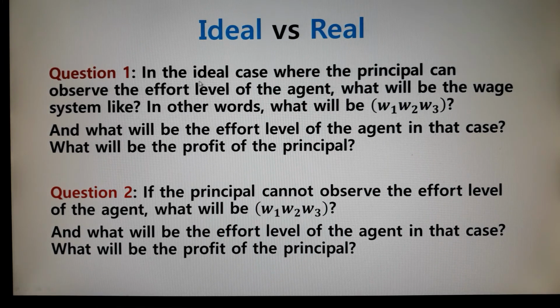But here, the ideal case is where the principal can observe the effort level of the agent. Then what would the principal set for X1, W1, W2, W3, which is the wage when it is X1, the wage when it is X2, the wage when it is X3? And what will be the effort level of the agent in this case? What will be the profit of the principal?